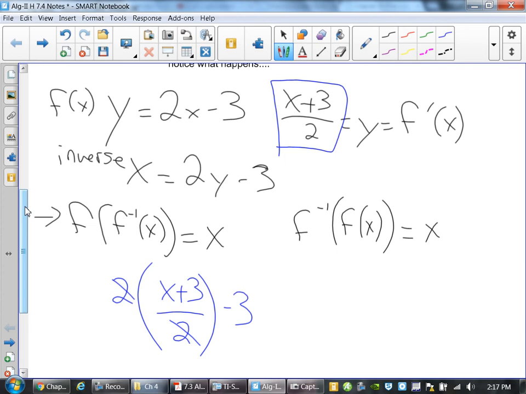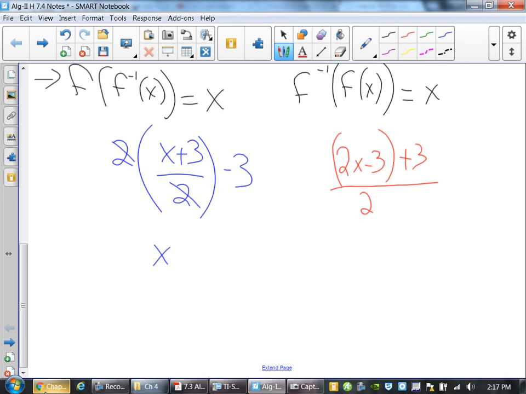The other one says start with f of x, and then I surround it with the rest of the equation. Well, that's playing the role of x, so I add 3 all over 2. Even though I threw that in parentheses just for grouping, does it matter? Does it change anything? No.